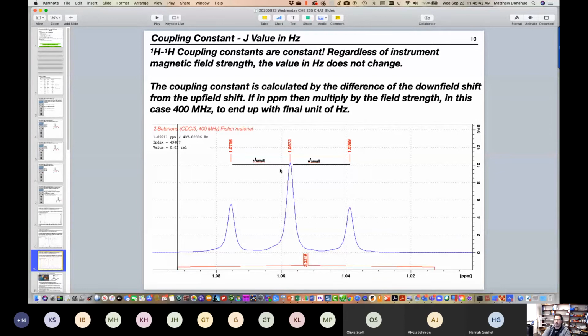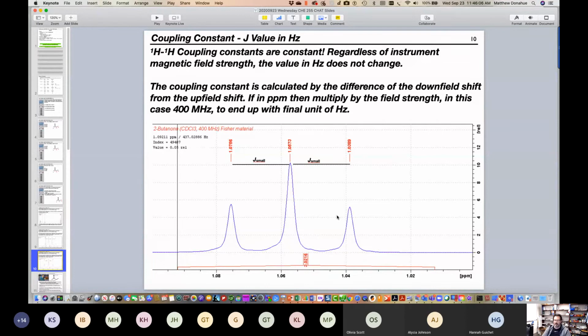So 7.32 Hertz. That is the distance from here to here in the triplet. Now, prove to yourself that this distance is the same. Take 1.0573 minus 1.0389 and multiply that by 400. You'll prove to yourself that distance is the same.